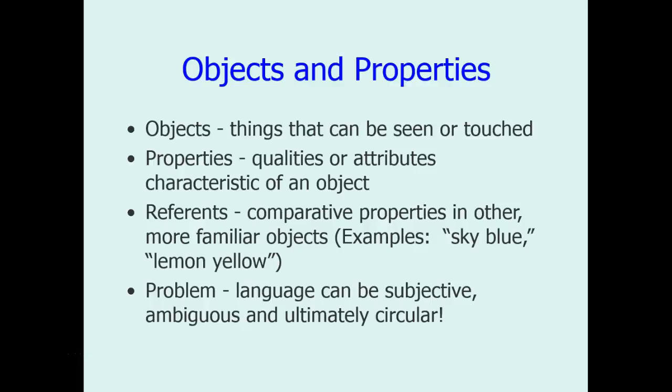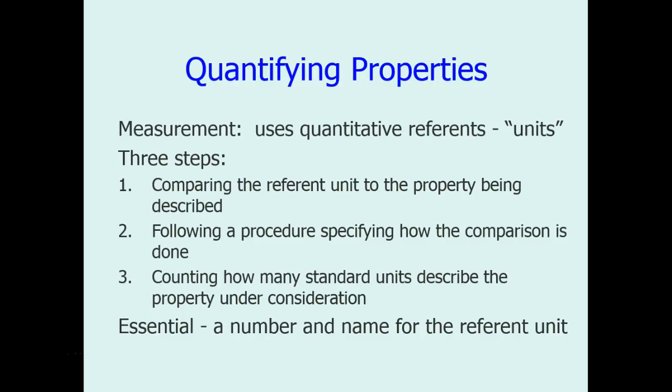Okay? Whereas his tape measure, that's fairly precise. You can find out exactly what an inch is, or a millimeter, or a centimeter, and then you have something far better. Better than how many pencil lengths, okay? Far better than that. So this is what we mean by objects and properties. Okay. So we use some quantifying properties, okay?